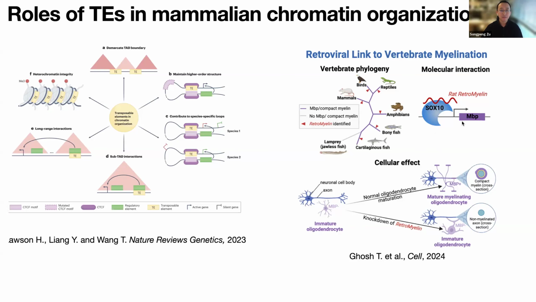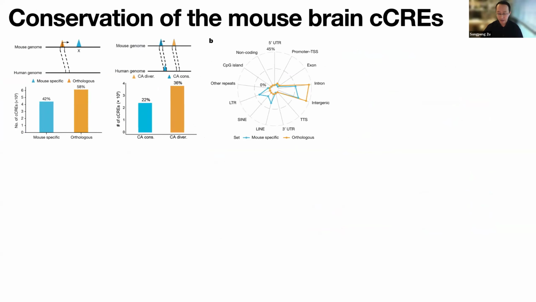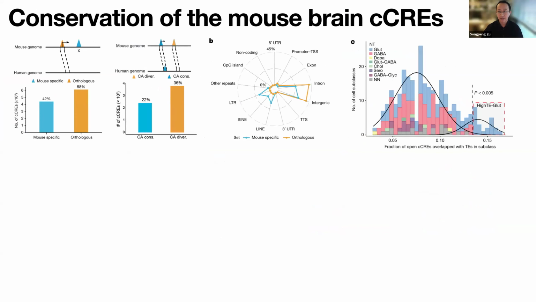So now let's go back to our analysis. We noted that there are a group of transposable elements that show a very paired open complement state in cerebral regions, especially in a group of glutamatergic neuronal cells.